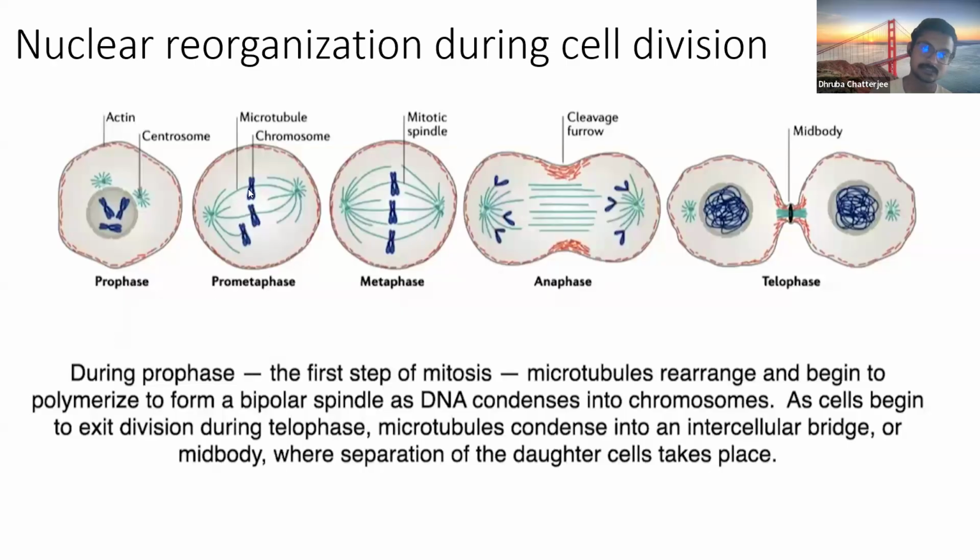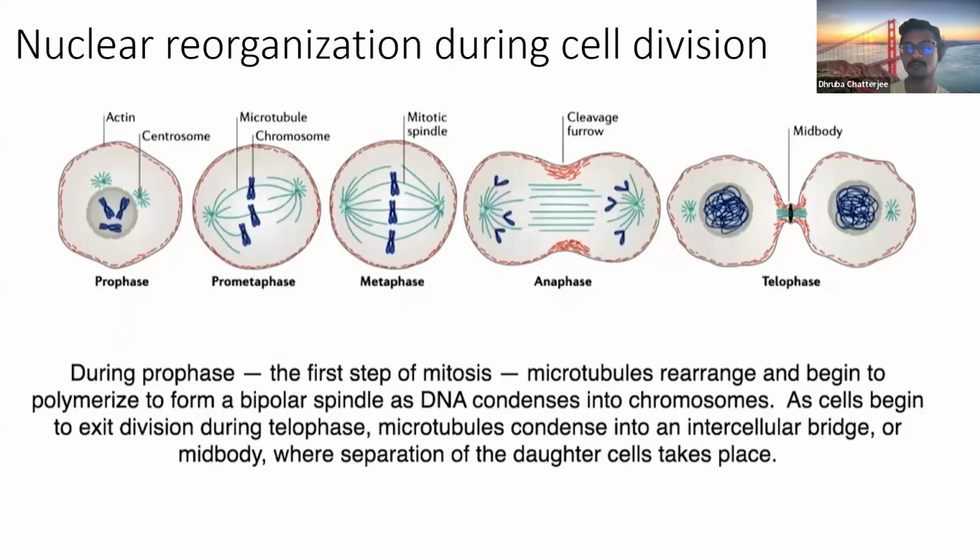And in the prometaphase, the spindle fibers, which primarily consist of microtubules, emanate from these two centrosomes present at the two poles of the cell. They get connected to the centers of these chromosomes, called kinetochores, which are basically centromeres. We will see that in detail.